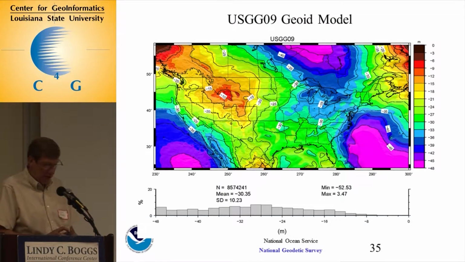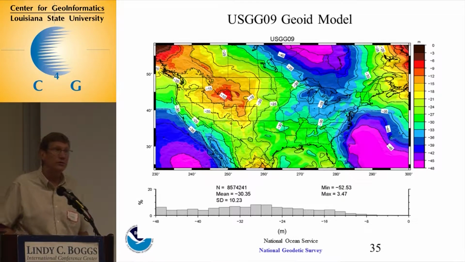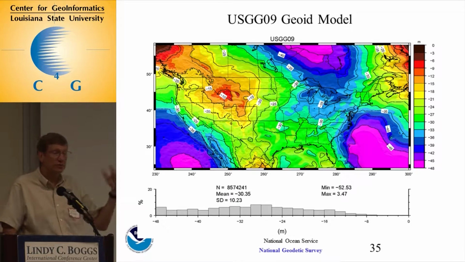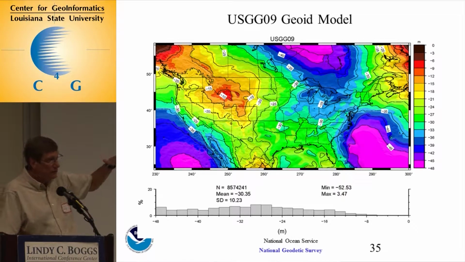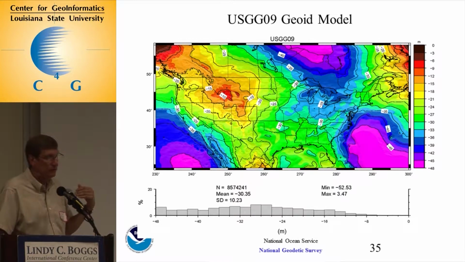So this is just a diagram showing the geoid model and the values. And you can see, we talked about this earlier, all the numbers are negative. All the numbers are negative. That's why the equation is still valid when they show that diagram: you're adding a negative number to get the ellipsoid height.